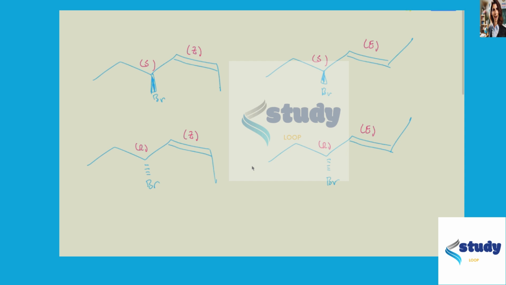That's all the different possible isomers of 4-bromo-2-hexene.